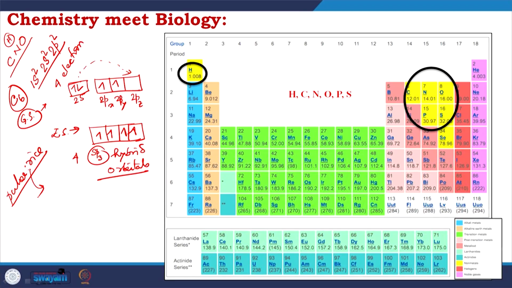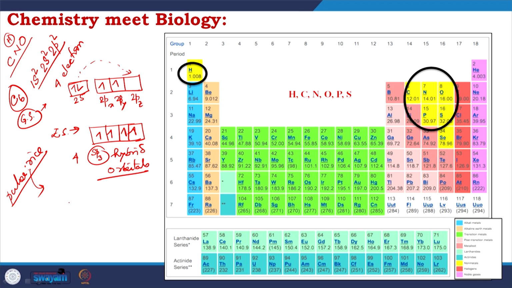When we go to the protein part, we will take a further look at the peptide bond, and I will talk about the sp2 hybridized peptide bond. Okay. So, let us start with this carbon.